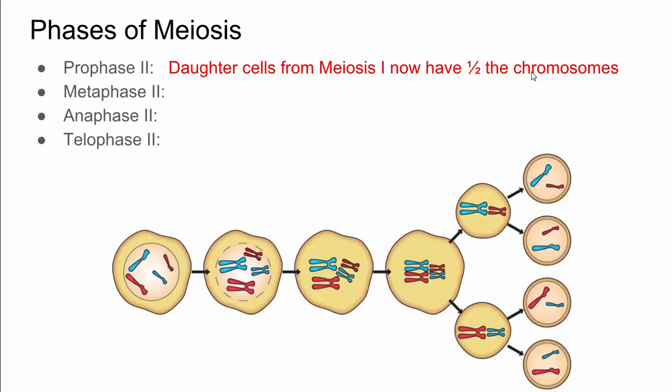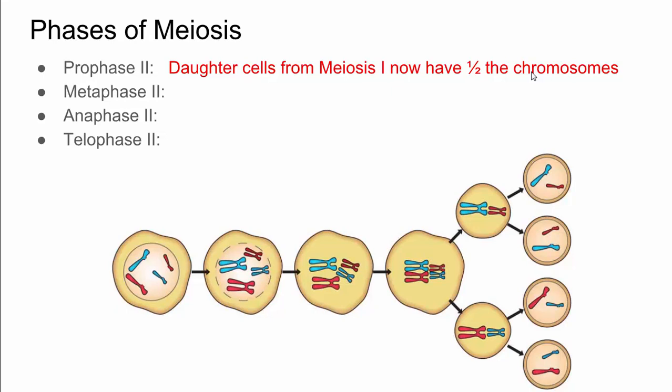They copy themselves here. They got together with their partner. They lined up in the middle of the cell, and then they got separated. These two went to this cell, these two went to this cell. So now, there's only 2 chromosomes in this cell, half the number that were here.